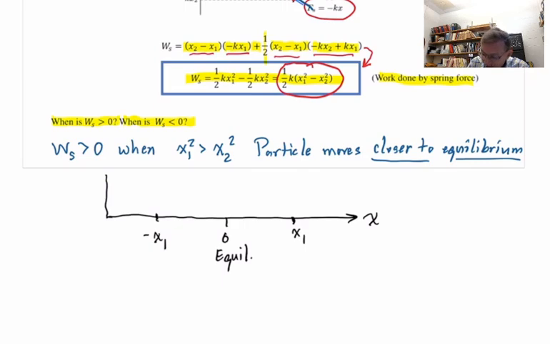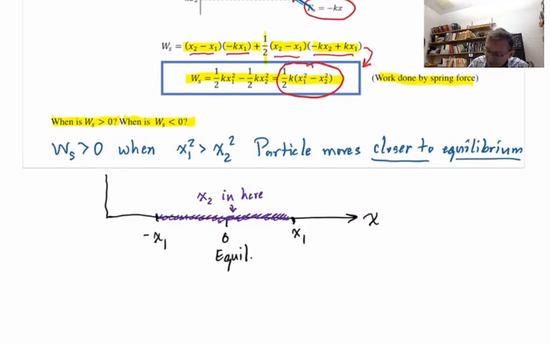So all I'm saying is that x2 can be anywhere in the region that I'm shading here along the x-axis. I'm shading it purple, between x1 and negative x1. So x2 can be anywhere in this shaded region, and we'll have positive work done by the spring, because the particle ended up closer to equilibrium than where it started.